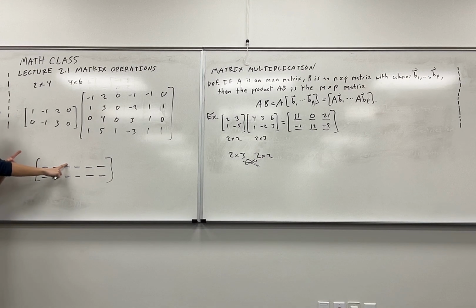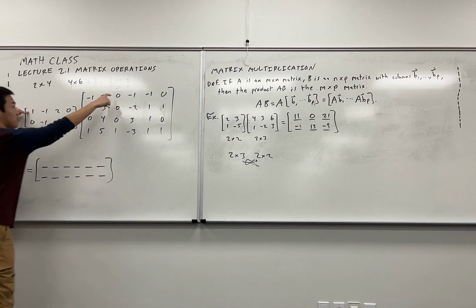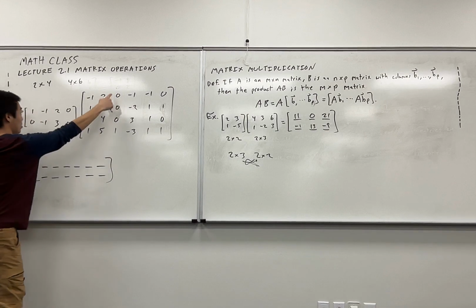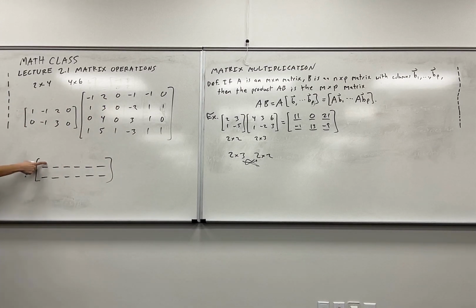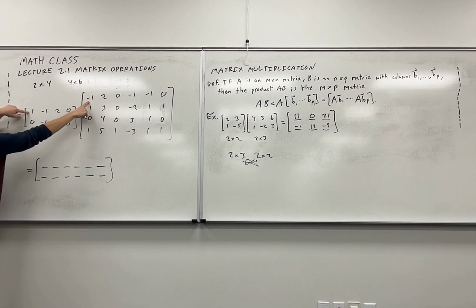Yes, it's row 1, but its column is, so I'm going to over here do the row, and over here do the column. Row 1, column 3, so ergo, the row 1, column 3 is going to do the row 1, column 3 sliding, okay? So, this one is row 1, column 1. So over here I'm taking the first row and the first column. Okay, so let's do it.